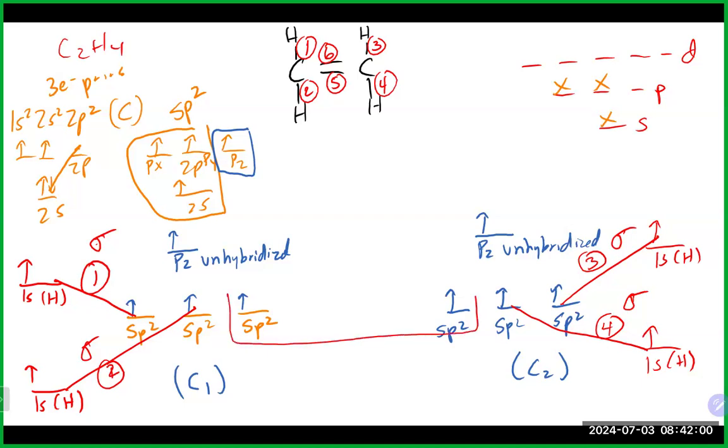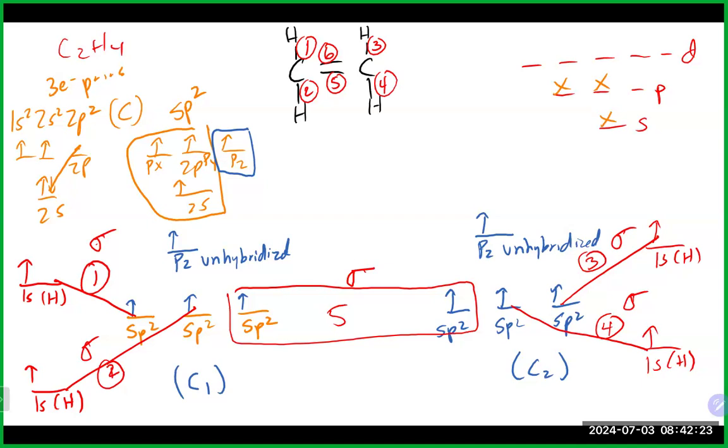These are the 2 carbons, right? There's going to be the first line in the double bond, and that's going to be a bond between 2 sp2 hybrid orbitals coming together and overlapping in a sigma fashion. So they're going to come together and make a sigma bond between them.